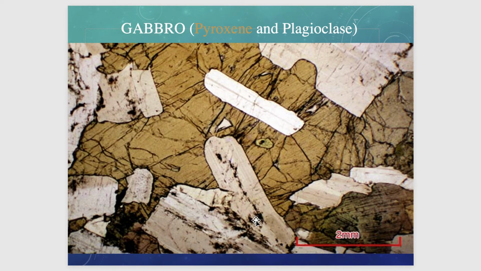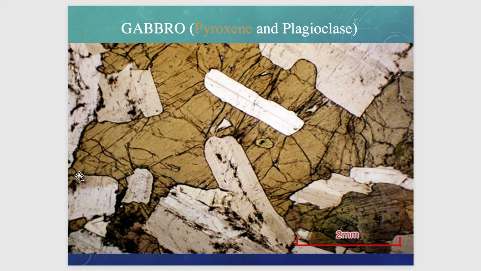You can recognize some of the twinning as well and some of the cleavage that is characteristic of plagioclase, as well as the presence here of pyroxenes that is quite abundant, and you can see the cleavage clearly. If it were olivine, it would not really have this type of cleavage.